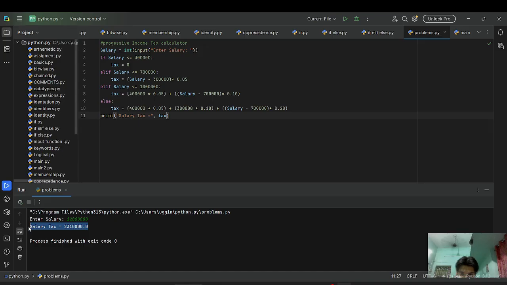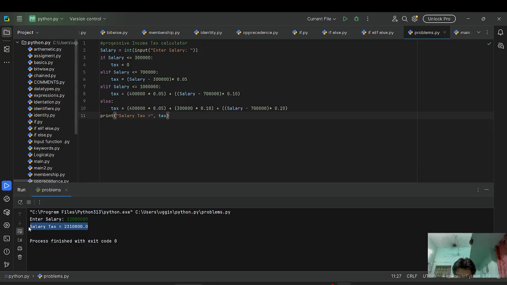Now Python checks: 12 lakhs less than or equal to 3 lakhs. This is false. Now Python moves to the next condition. Now 12 lakhs less than or equal to 7 lakhs. Again false. Python moves to the next condition. Now 12 lakhs less than or equal to 10 lakhs. Again false. Since all conditions are false, Python enters the else block.